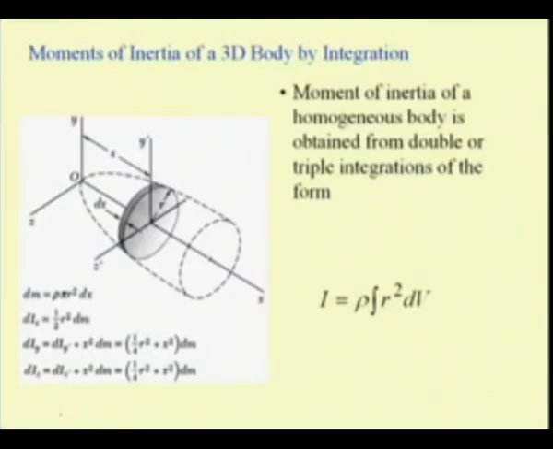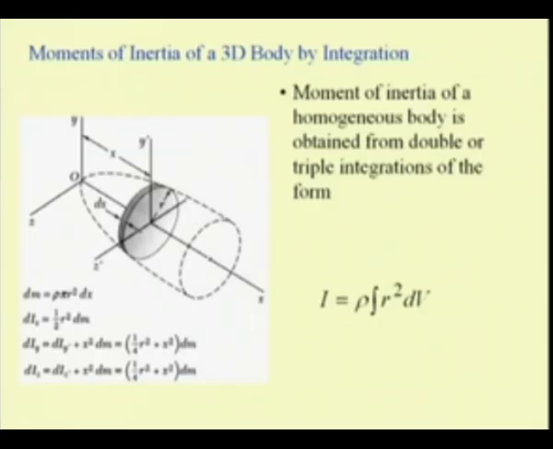So, here you see one object which has two axes of symmetry, or it is an object of revolution with respect to this axis O x. So, about this axis O x, it is symmetrical.